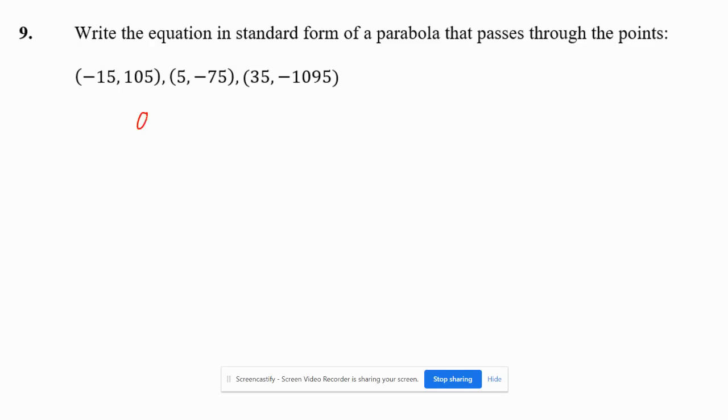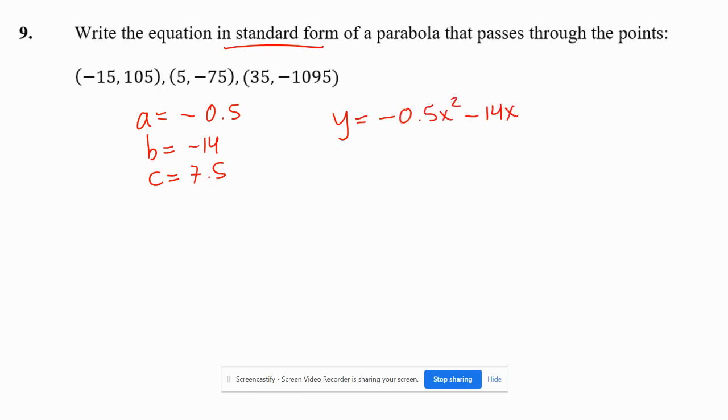So we know that a was negative a half, or 0.5. b was negative 14, and c was 7.5. If you plug that back into standard form, you have y equals negative 0.5 x squared minus 14x plus 7.5. Final answer.